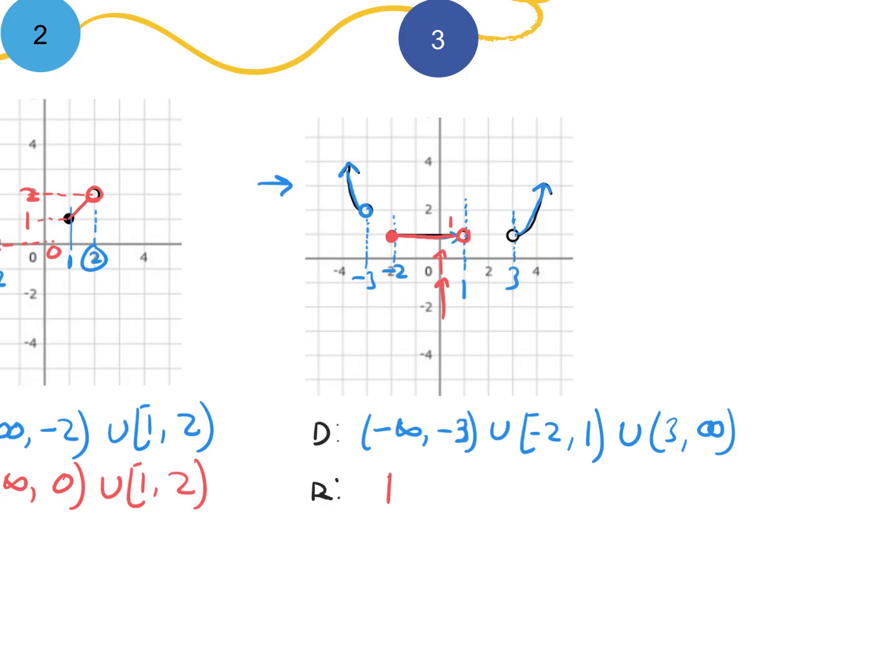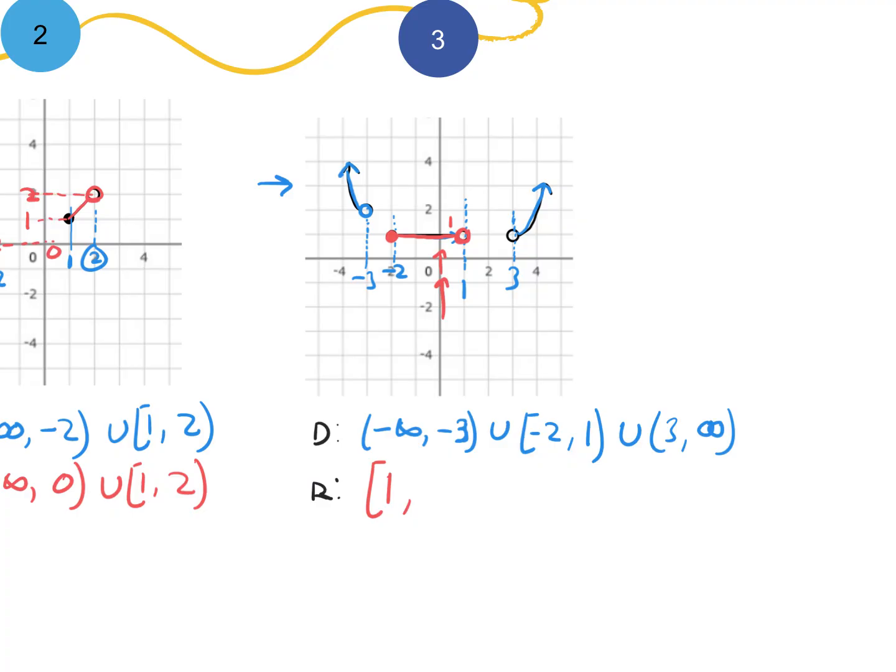If there is a value of 1 somewhere on your graph, you do need to include it. So this is actually going to have a bracket, even though you see an open circle right here. If I picked this point, for example, it looks like right there is a valid y value, and it is defined at this value right here. So we are going to need a bracket around that 1.